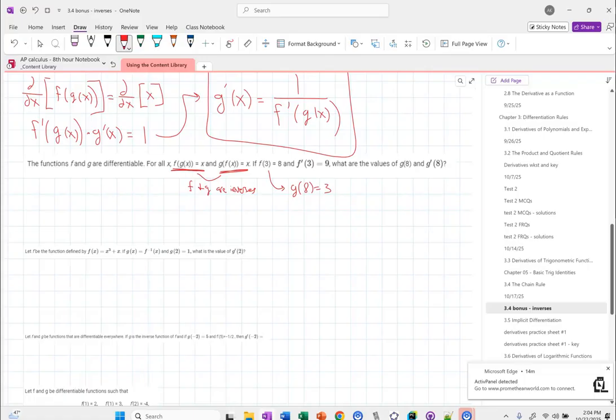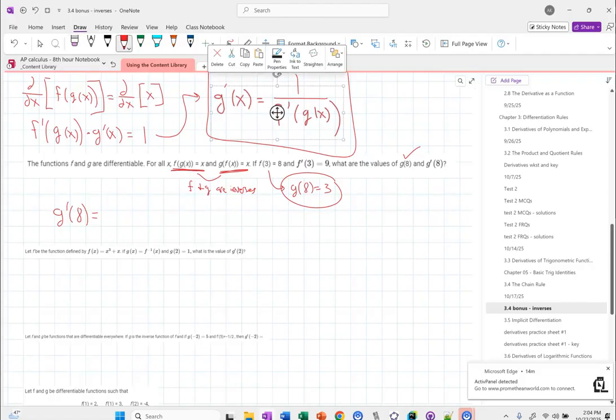Is everybody okay with that? Checked one box off. Everybody's good? You got it basically for free, right? Just had to remember that was true. And now it's asking me for g prime of 8. To do that, I'm going to use this formula.